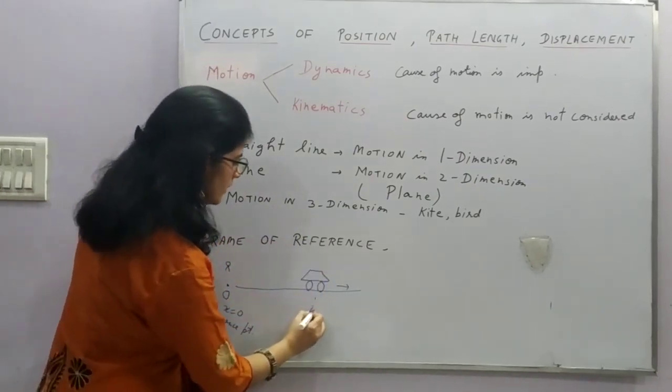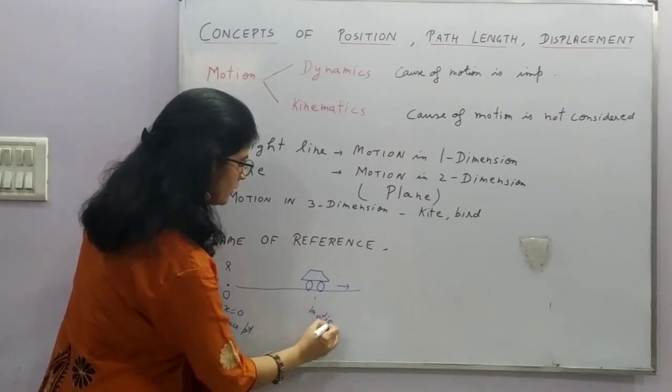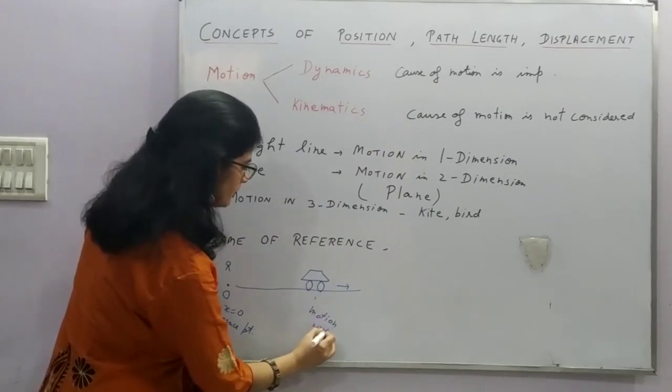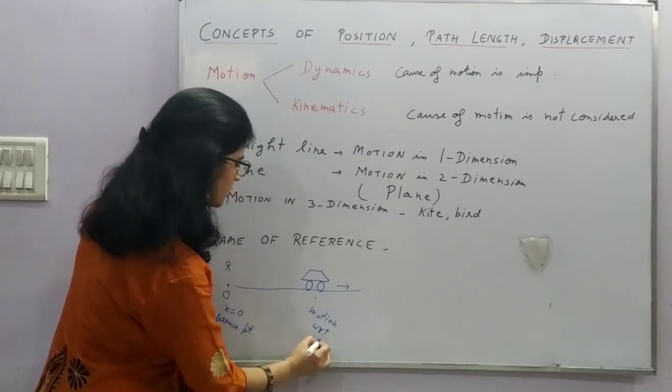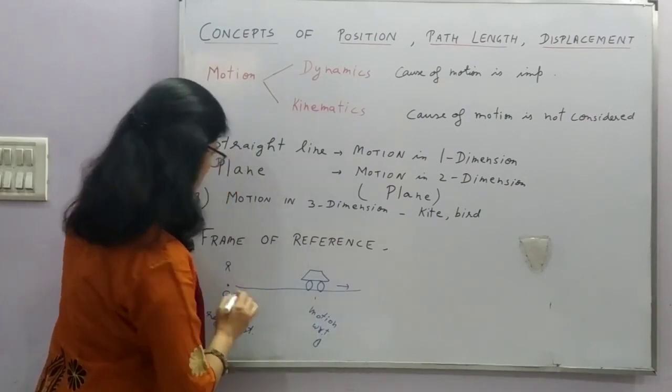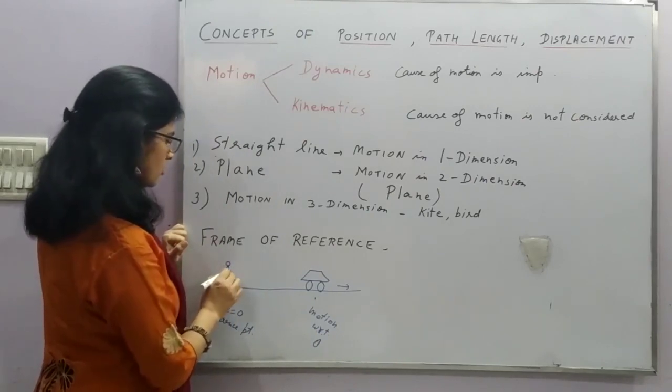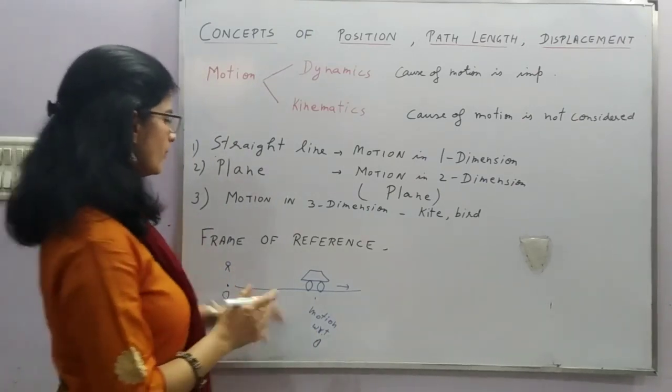So the car is said to be in motion with respect to point O, that means with respect to the observer at point O.